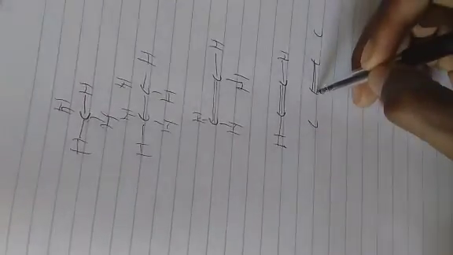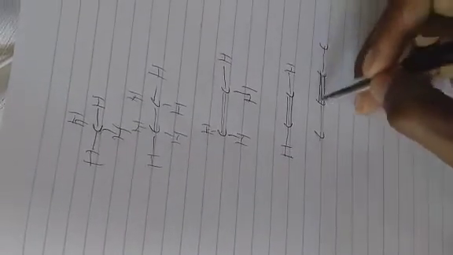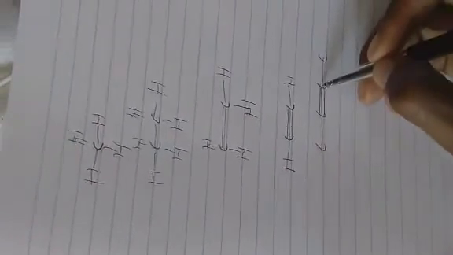Okay, if it's propane or something that has more than 2 carbons, you can have something like this, and maybe your triple bond can be here. Then you just join, and these two are already enough because you already have 4 bonds here.